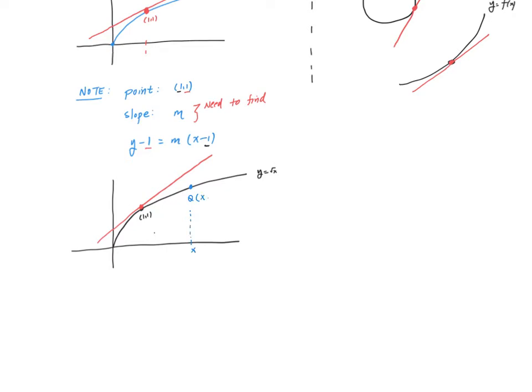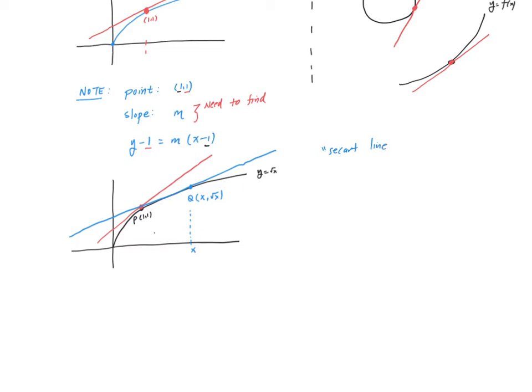So this would be the point x comma square root x, and we'll call this original point 1, 1, P. If I was to draw the line going through those 2 points, so roughly speaking, something like this, we would call this a secant line.